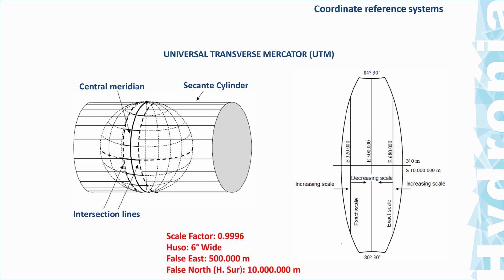One of the most common projections that are available is what is called the Universal Transverse Mercator, UTM. We'll often hear UTM coordinate system or UTM projection, and it stands for this term here.